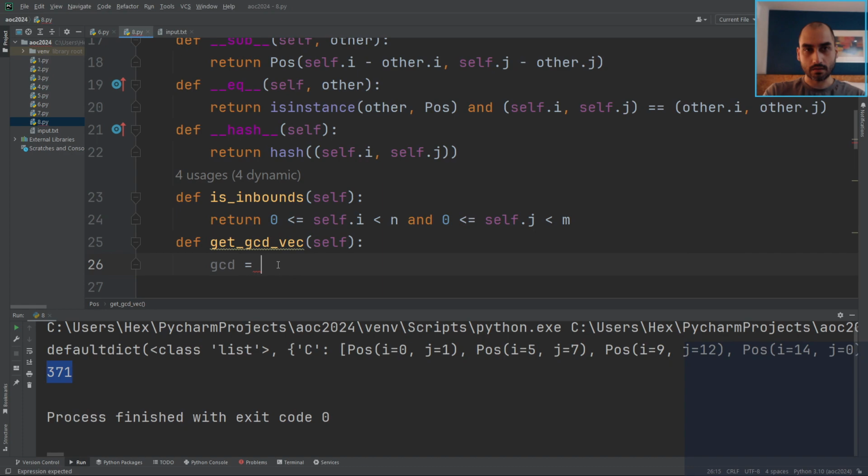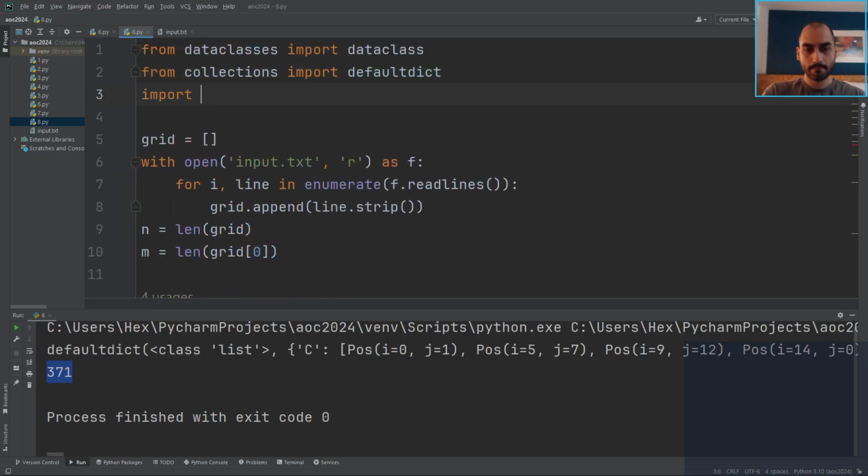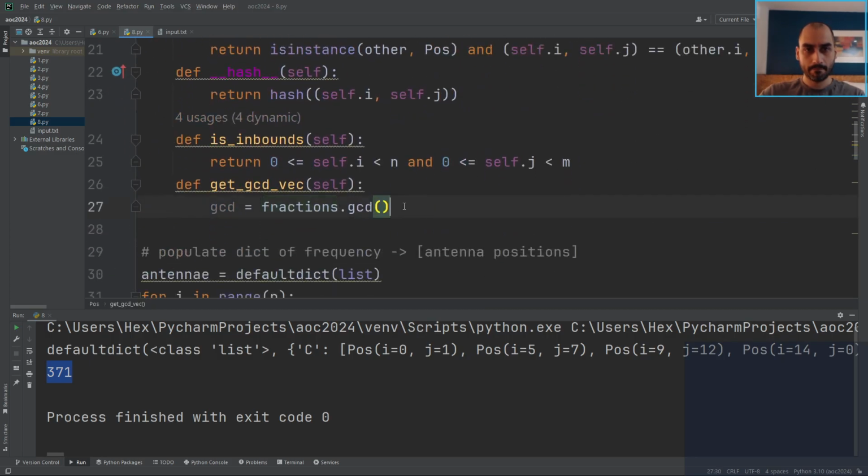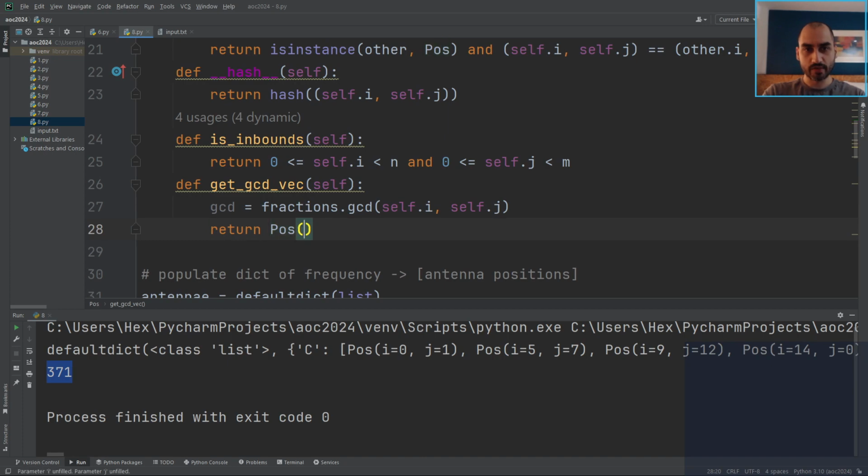Is it fractions.gcd? Yeah. So we will return the pos, which is self.i divided by the GCD, self.j divided by the GCD.